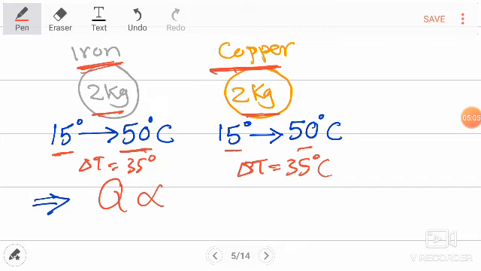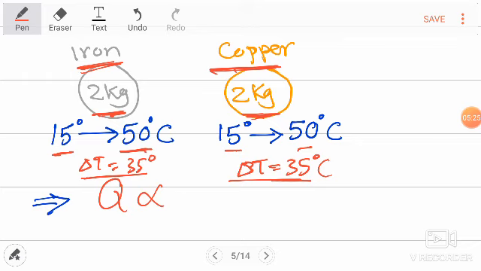No. Here, though they are heated through the same change in temperature, and they have the same masses, the amount of heat depends on the material itself, depends on matter.